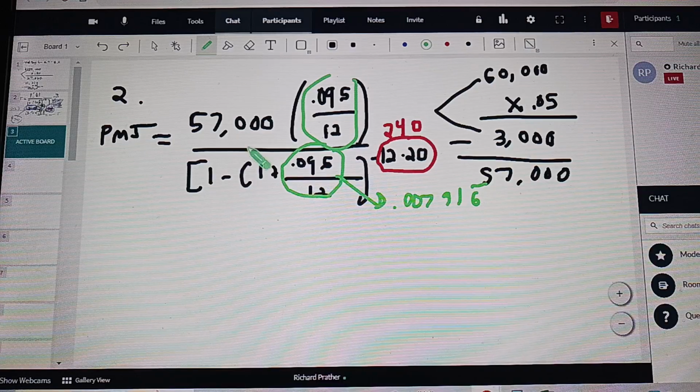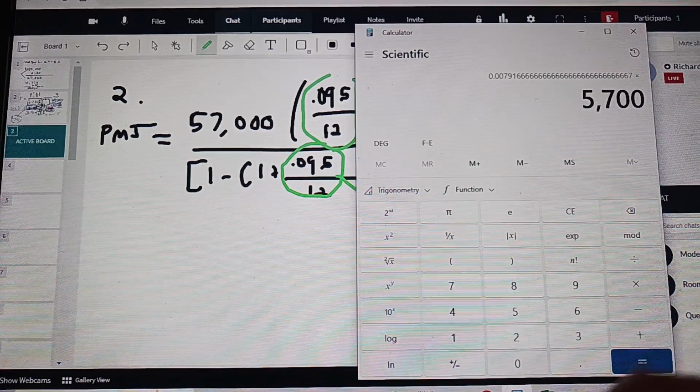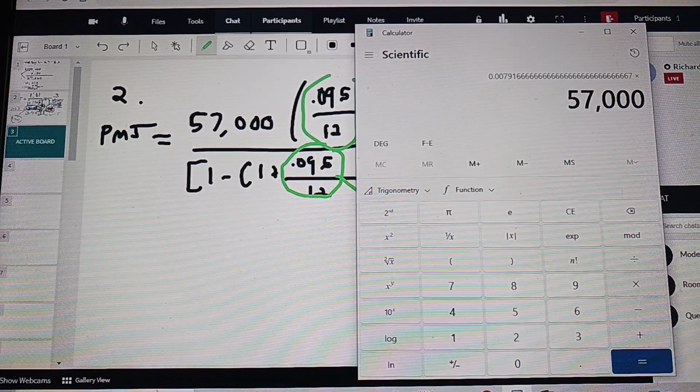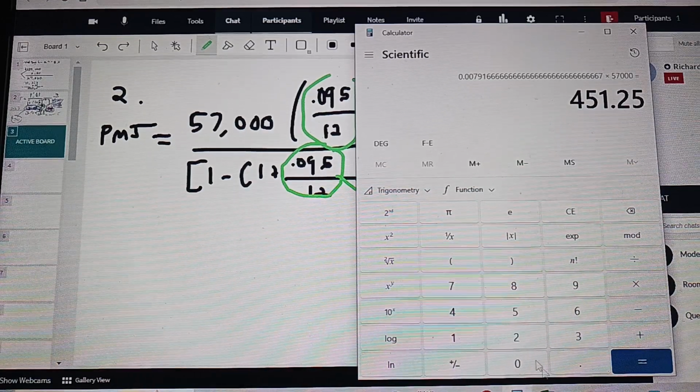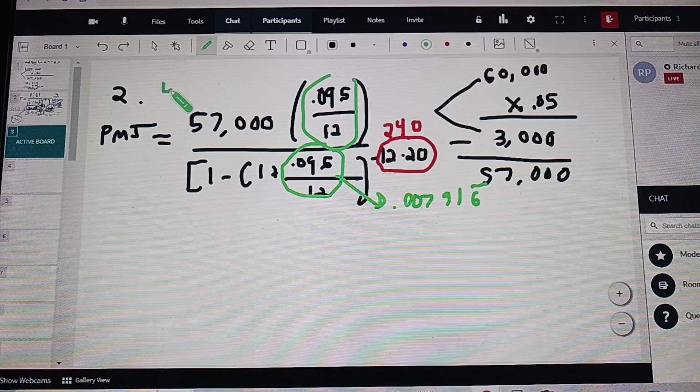Okay, so I'm just going to take that and multiply it by the 57,000 right away, so I can figure out the numerator right away. And this numerator will be the same when I do part B as well. And that came out real nice, 451.25. The numerator is going to be 451.25 in both part A and part B.